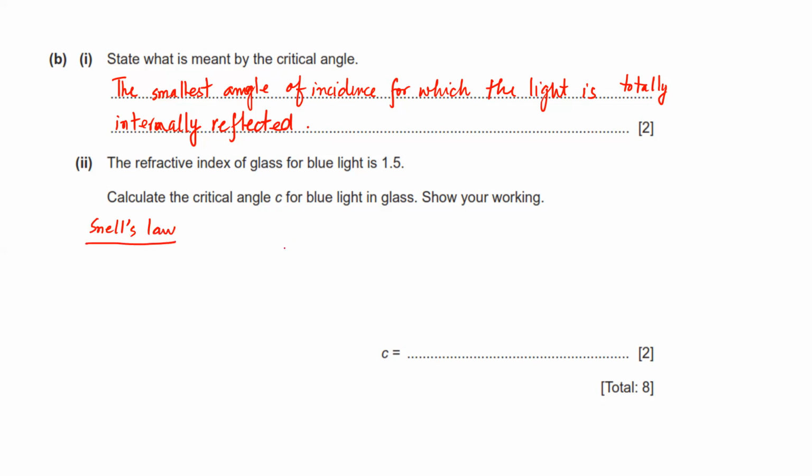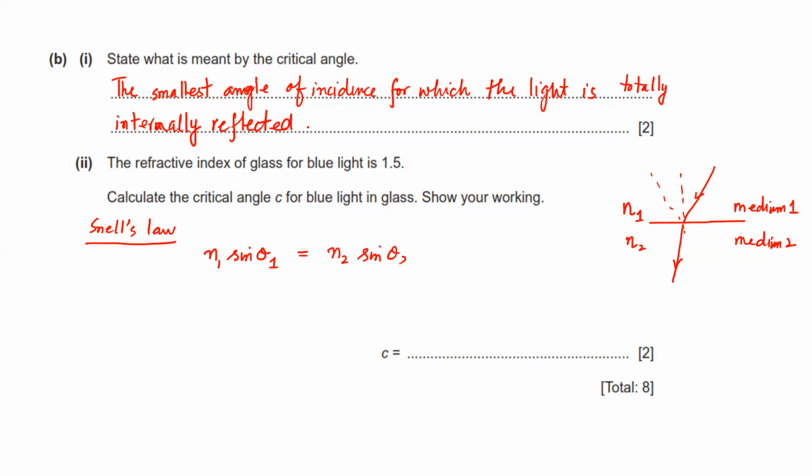Snell's law states that, say, this is your medium 1, this is your medium 2. A light entering from medium 1 will be partly reflected, and some of the light will be refracted. The refractive index of medium 1 times the sine of the angle in medium 1 will be equal to the refractive index of medium 2 times the sine of the angle in medium 2.